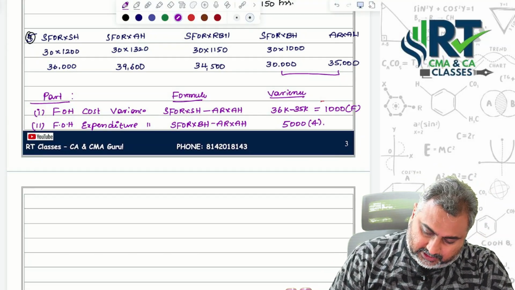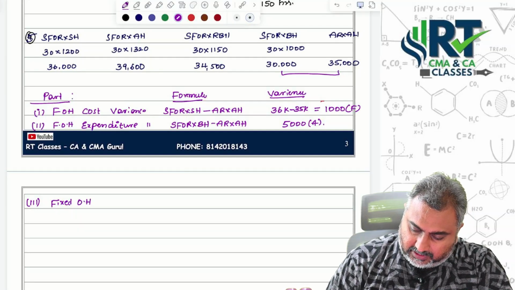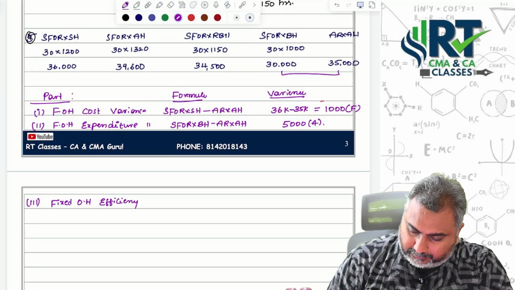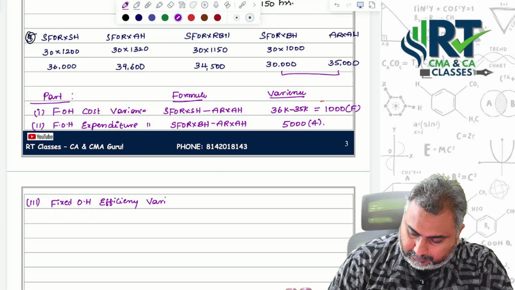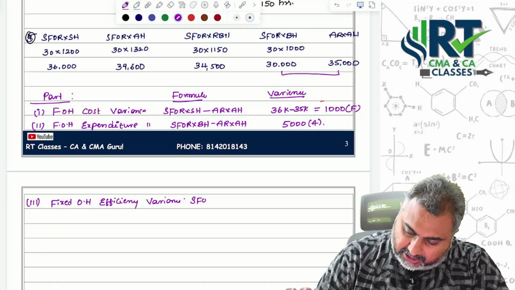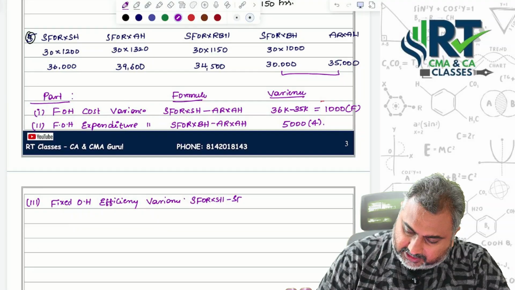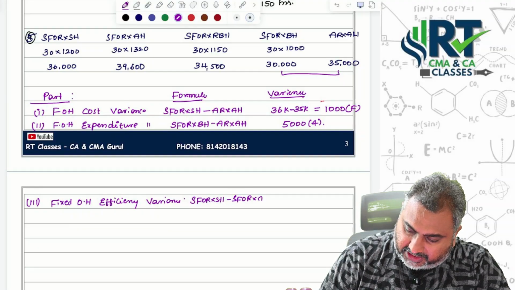Next, third one, fixed overhead efficiency variance. What is the formula? SFOR into SH minus SFOR into AH.